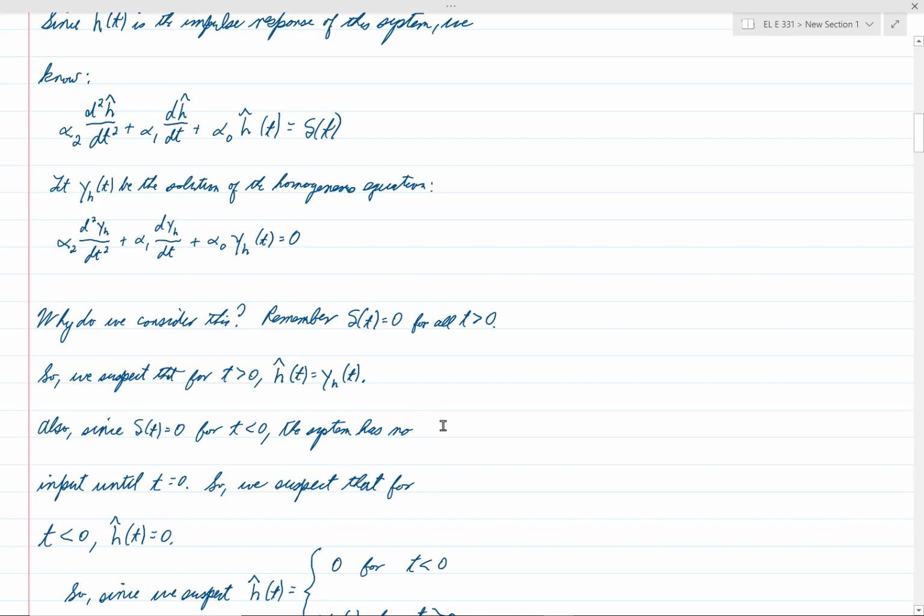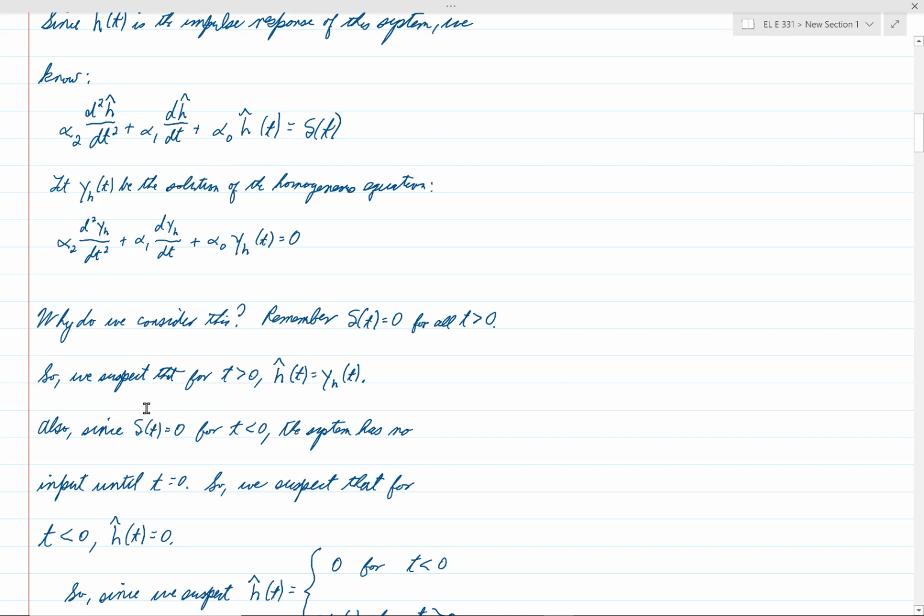So that means that the system has had no input, because remember, this is the input-output equation here. The right-hand side is the input, and the left-hand side tells us how the output is related to that input.